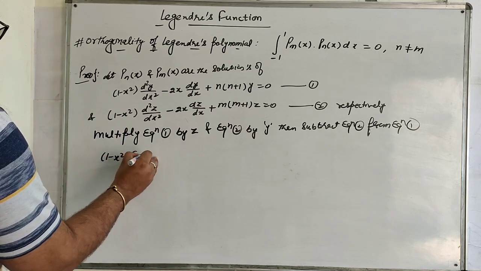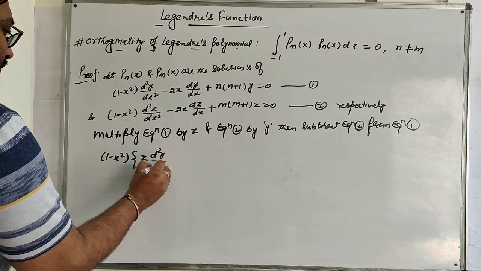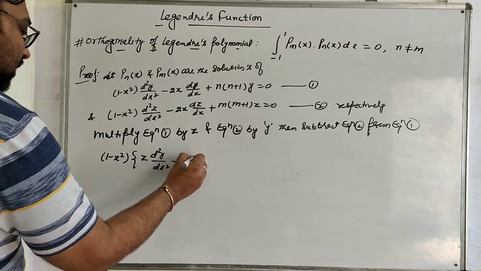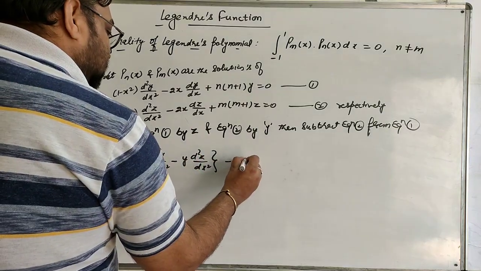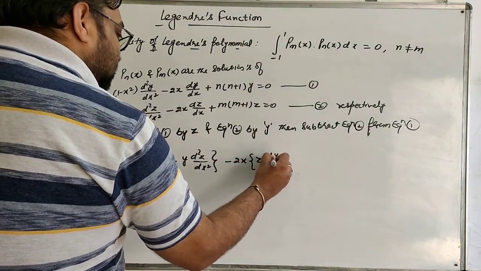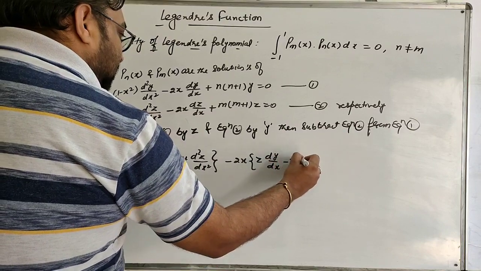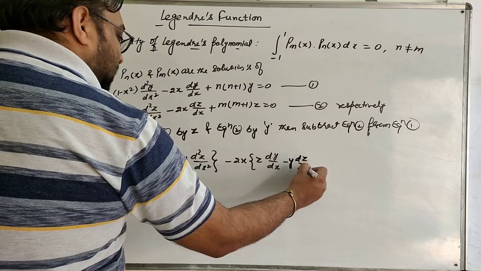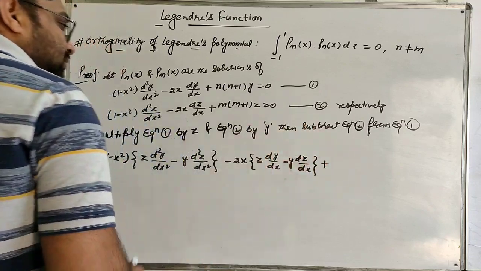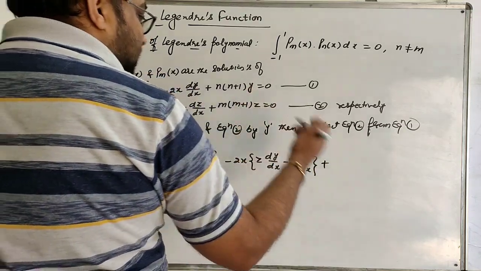So what we get? When we multiply by z and multiply by y and subtract, then (1 minus x square) will be in common: z d2y over dx square minus y d2z over dx square, same as minus 2x (z dy over dx minus y dz over dx), plus yz and yz.